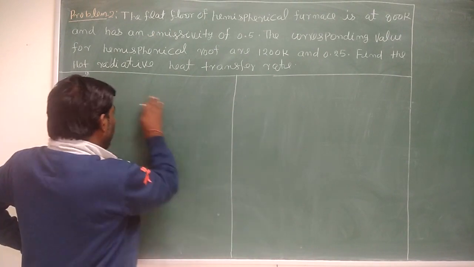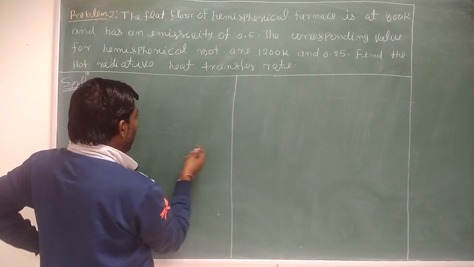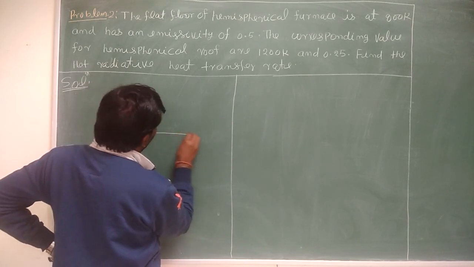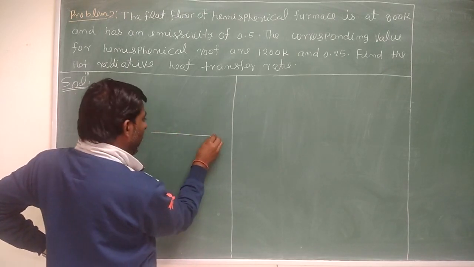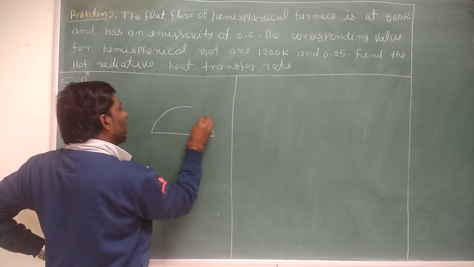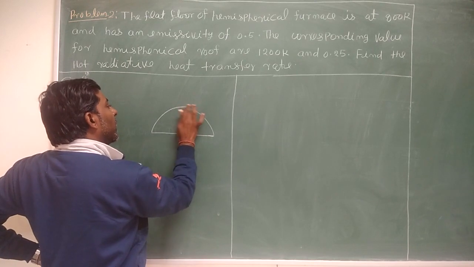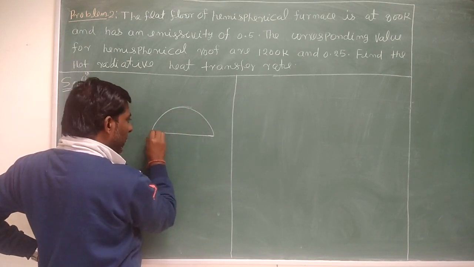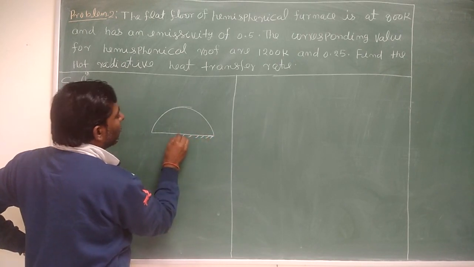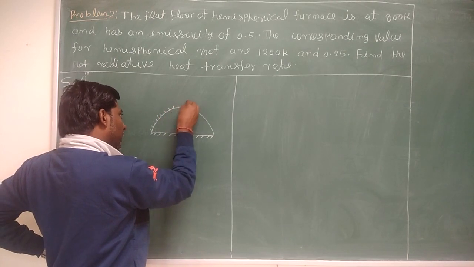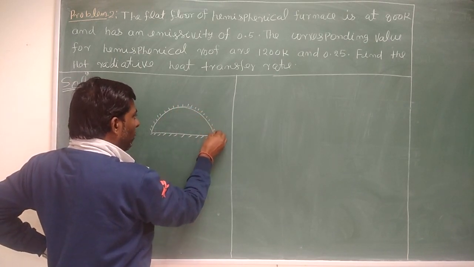So first, to make the figure. A hemispherical furnace. This is the flat face and then the hemispherical roof. So this furnace is like that. This is the flat floor and this is the hemispherical roof.